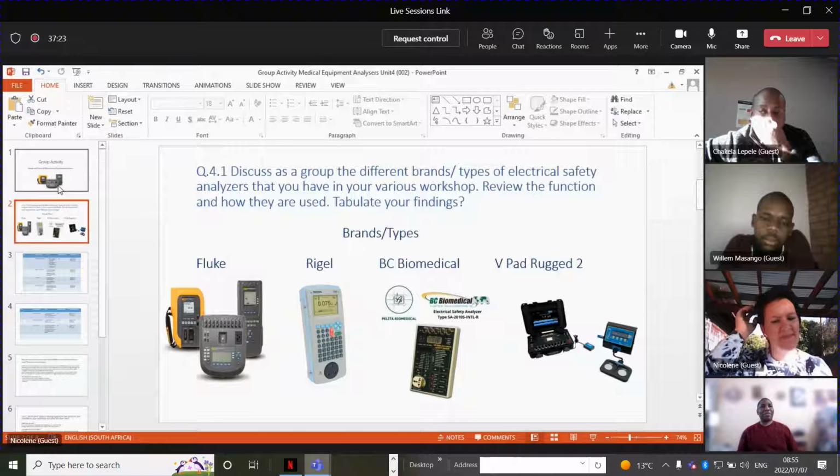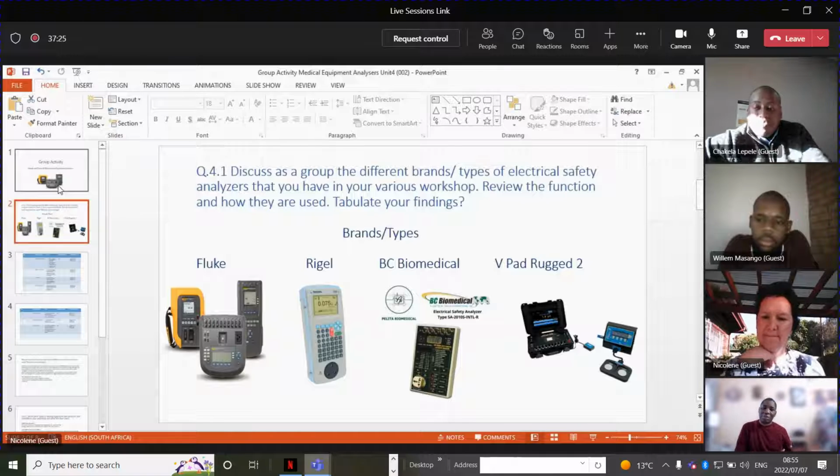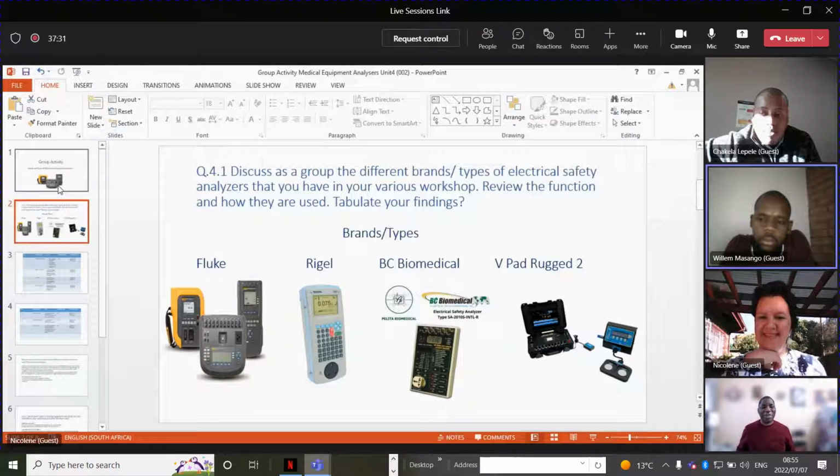It's just a matter of maybe practice. You get to know how to use the others as well. So if you can drive most cars with little adjustments and tweaks here and there, it's the same with this equipment. They do the same thing, different methods. They look different, but the goal is the same. Next slide.